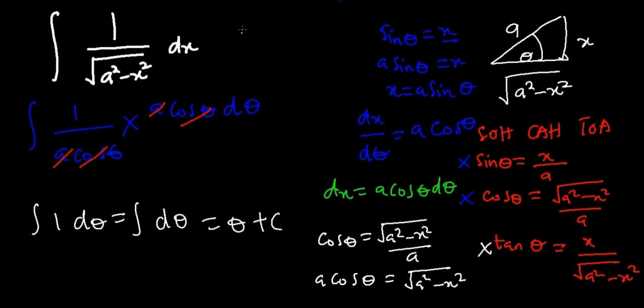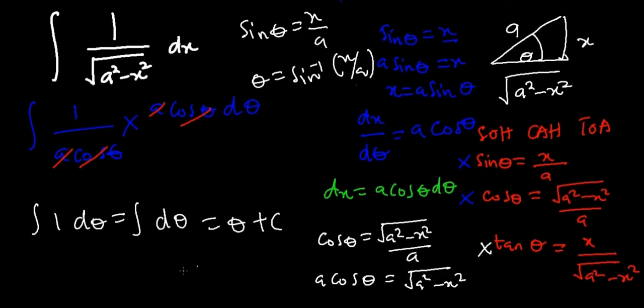So the sine of theta equals x over a, right? So theta will be equal to the sine inverse of x over a. So you can actually substitute that here. So this will be equal to the sine inverse of x over a plus c. So this will be our answer for such an expression.